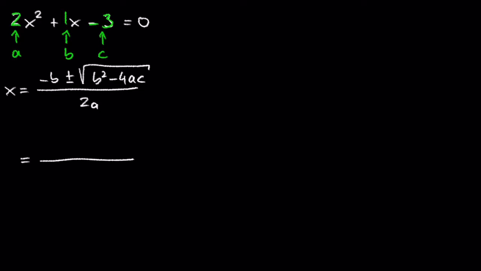So we get negative b is 1, plus minus the square root of 1 squared minus 4 times 2 times negative 3 divided by 2 times 2.